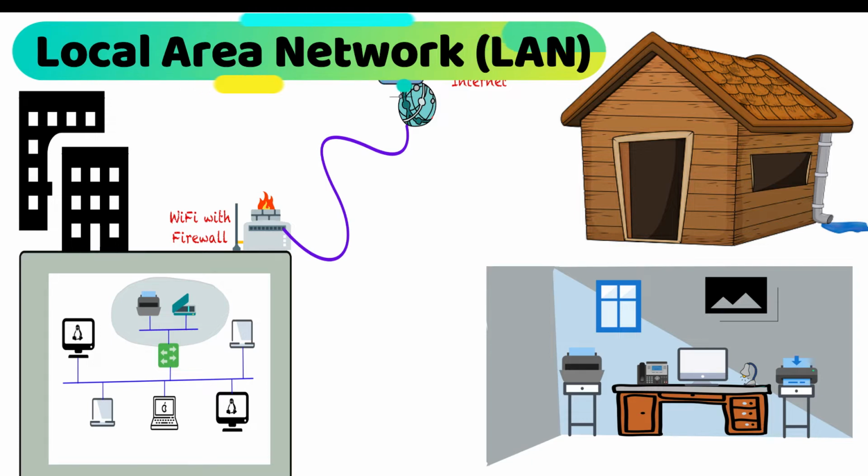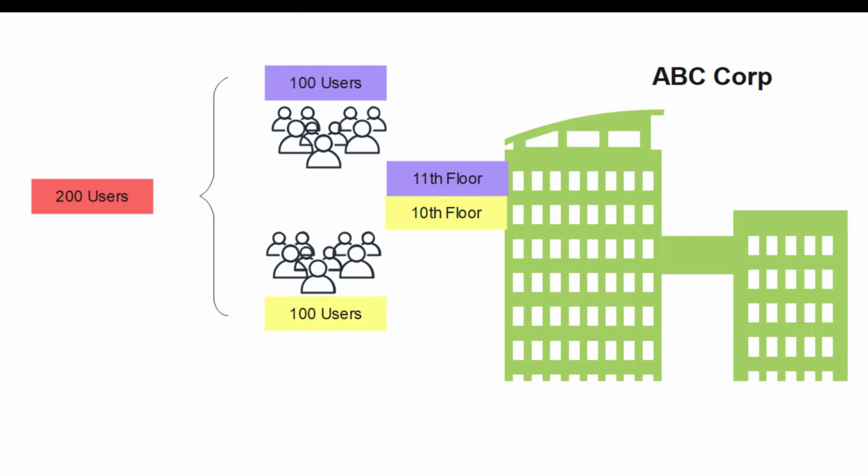Let's have a simple example to understand this concept. Let's say there is a company called ABC, and the ABC company has about 200 users working in the office. Since they have 200 users, they have acquired two floors in one of the buildings, floor 10 and floor 11.